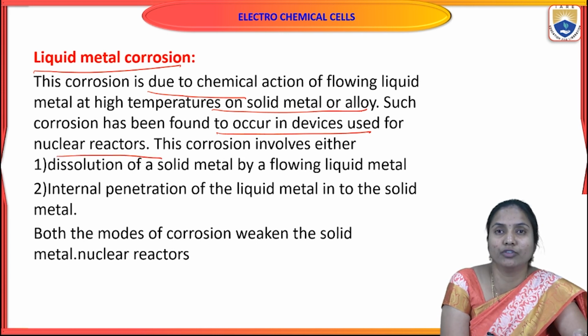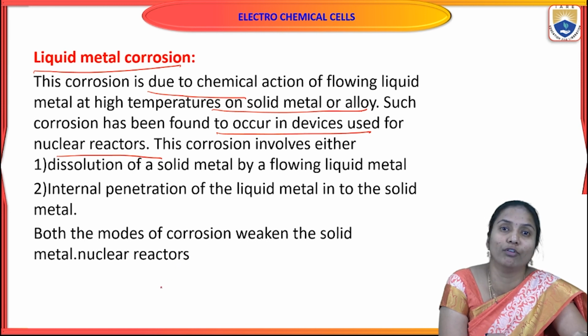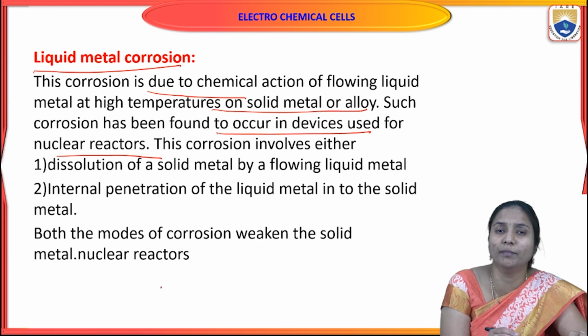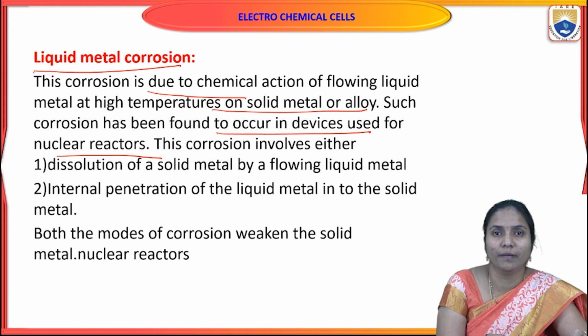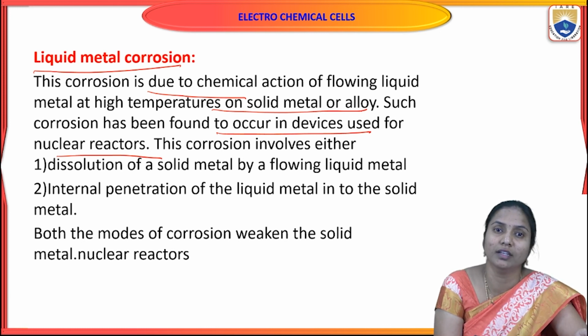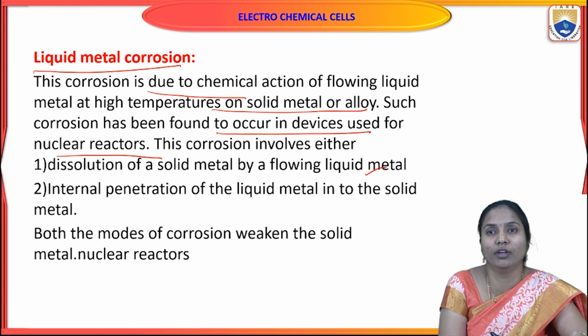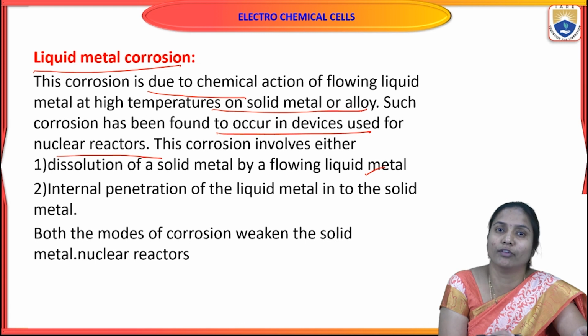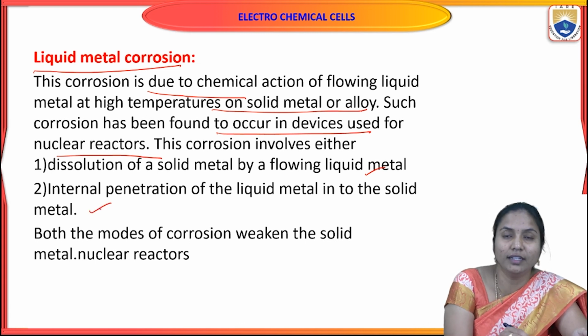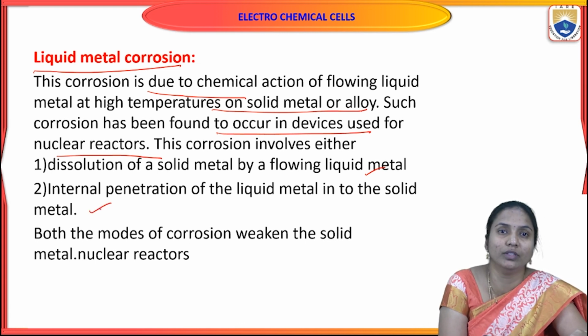This type of corrosion is mainly due to the chemical action of flowing liquid when the metal interacts with liquids at high temperature, on solid metal or alloys, generally observed in nuclear reactors. This corrosion involves the dissolution of solid metal by flowing liquid metal or flowing liquids, and internal penetration of the liquid metal into the solid metal.